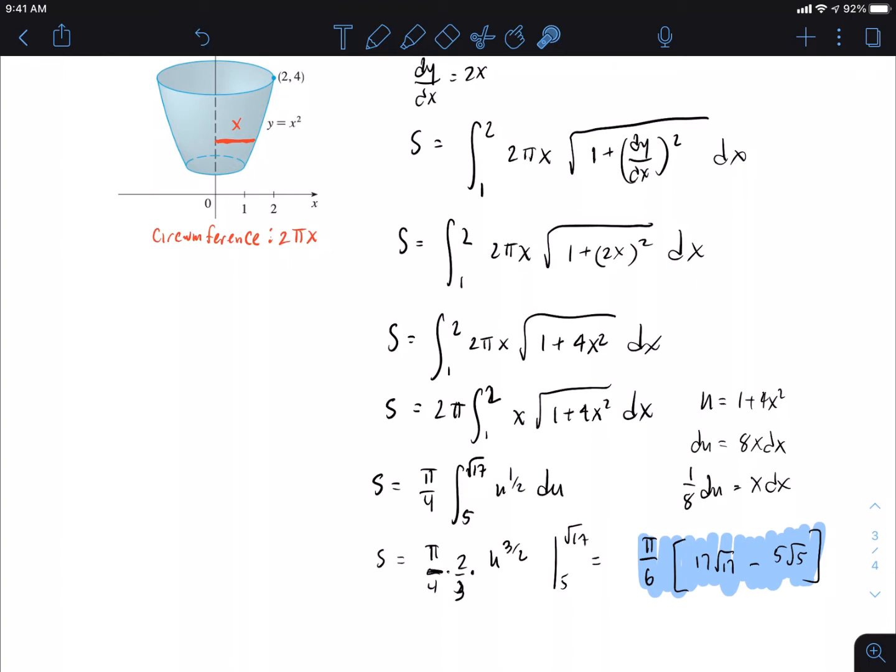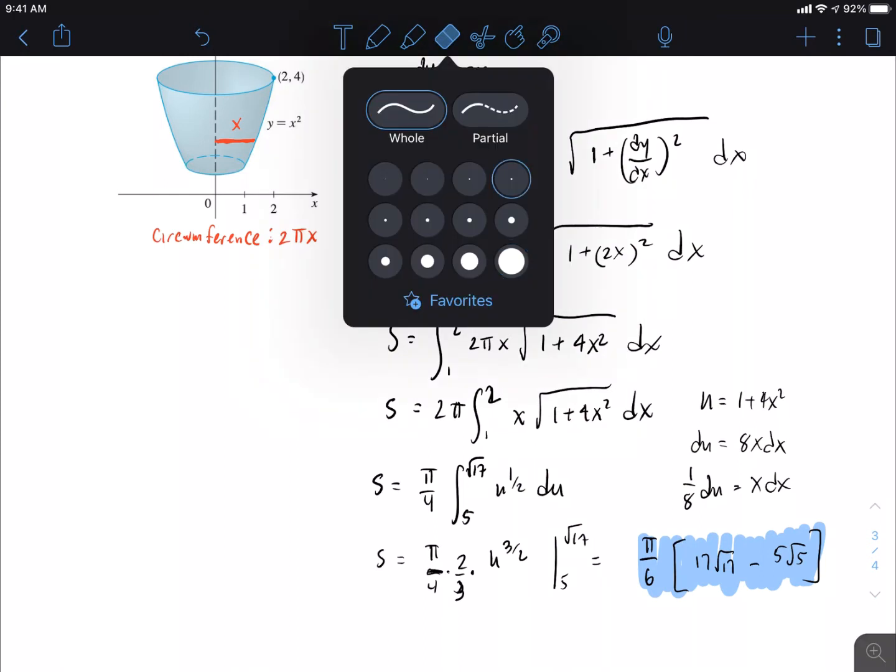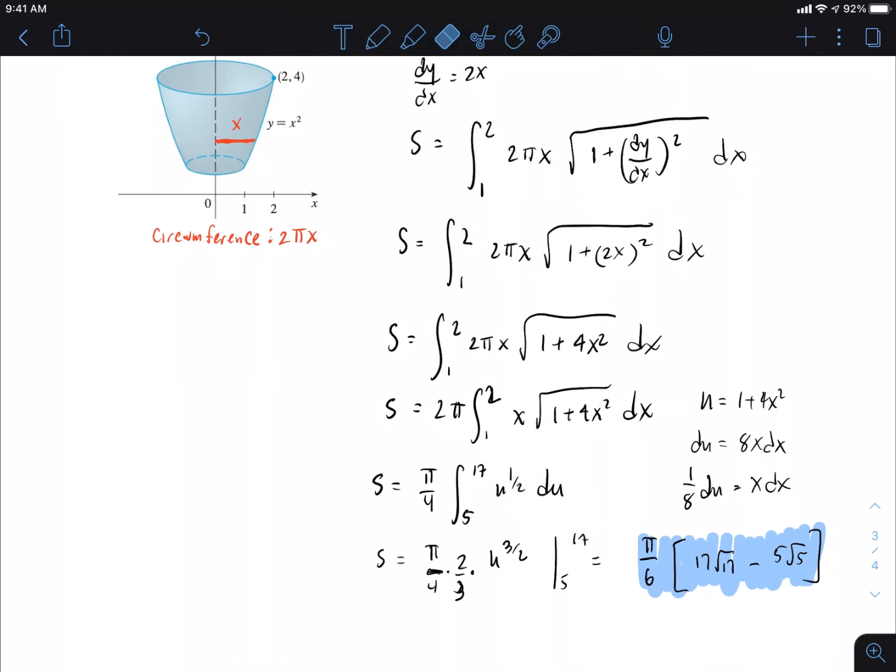Oh, I don't know why I put root 17. Silly me, that's a mistake. This should just be 17, not root 17. My bad. We okay?